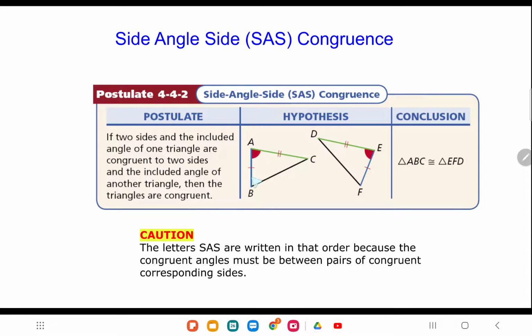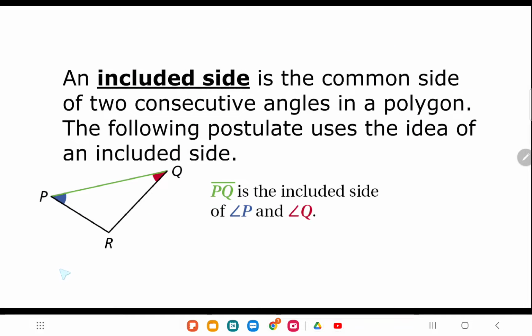So I go from A to B along a congruent side, then along a not marked side to C. Similarly, I go from E to F along that side with 1 tick mark and along a not labeled congruent side to point D. This gives me ABC is congruent to EFD. Please be cautious. The letters SAS must be written in that order because the congruent angles must be included between the pairs of the congruent corresponding sides.